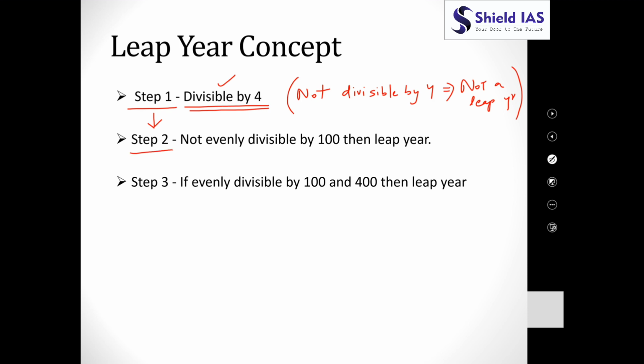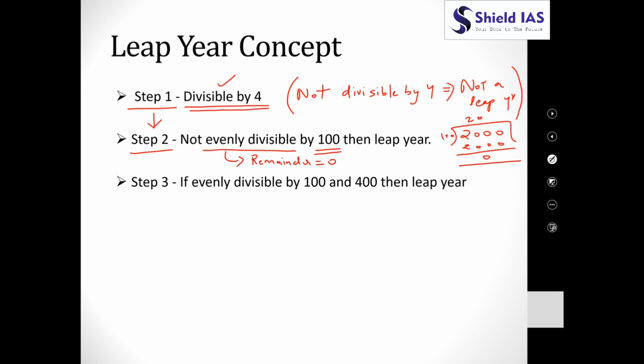So in step 2, we have to see whether it is evenly divisible by 100 or not. What do you mean by evenly divisible by 100? Evenly divisible means that the remainder is 0, right? For example, the year 2000 is evenly divisible by 100, because here the remainder is 0.